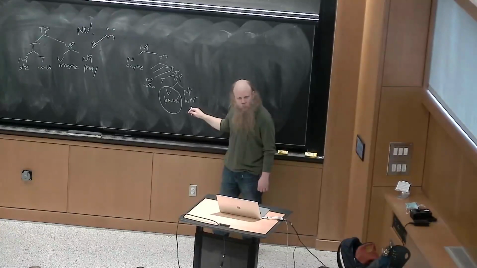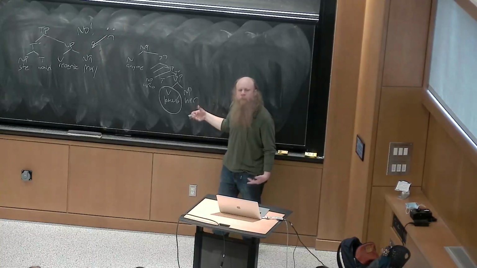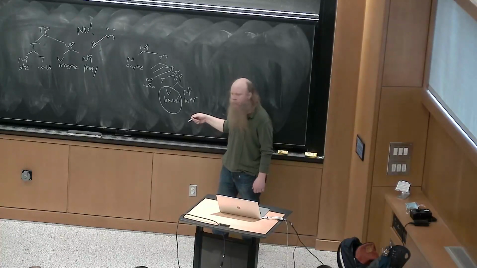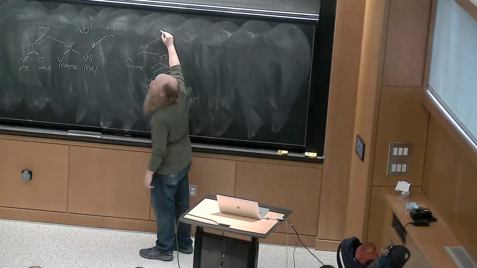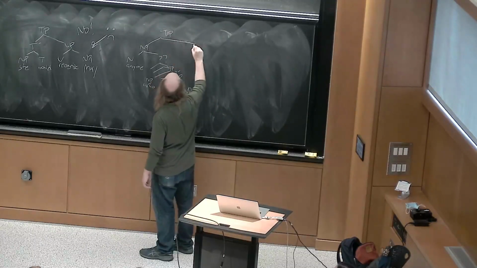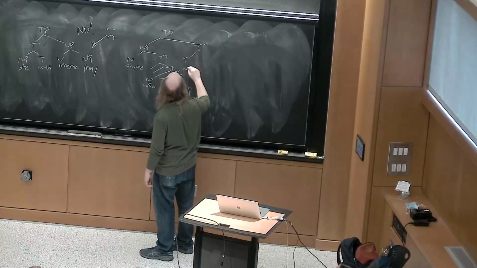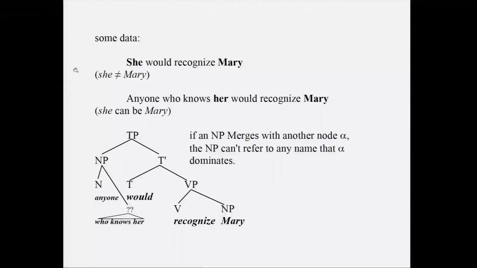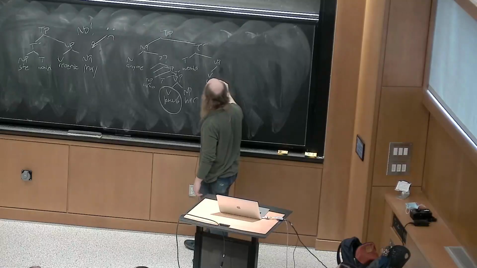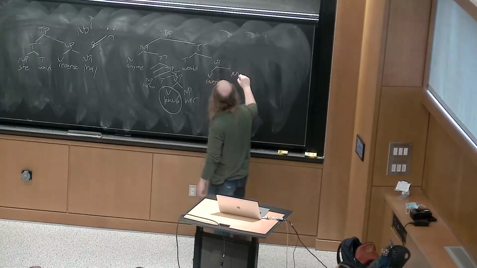That's what relative clauses are. They're a special kind of sentence that acts as a modifier for nouns. So you're right. Oh, and then this thing is becoming part of a larger TP. So now I'm just drawing what's on the slide with a little more detail. Recognize, bless you, Mary.